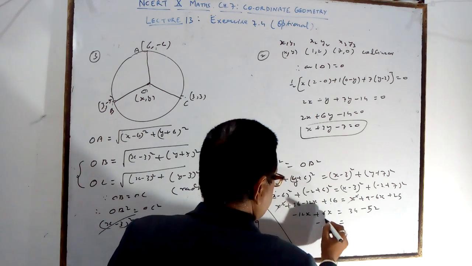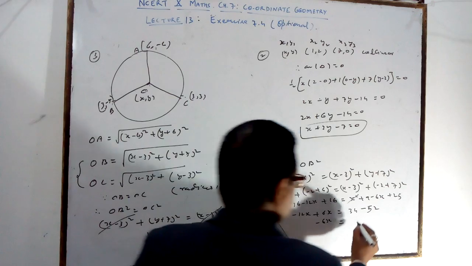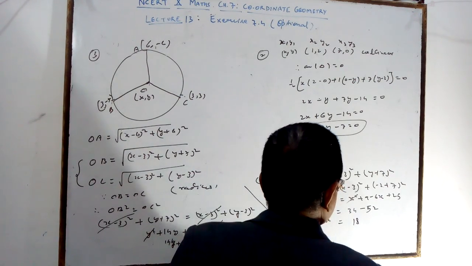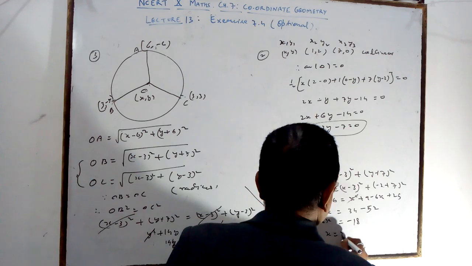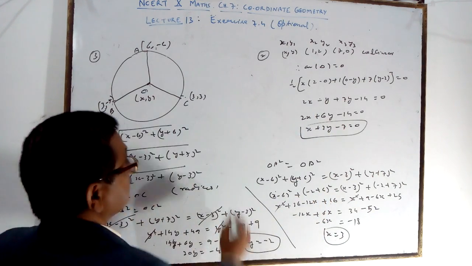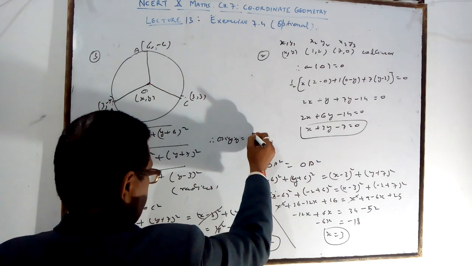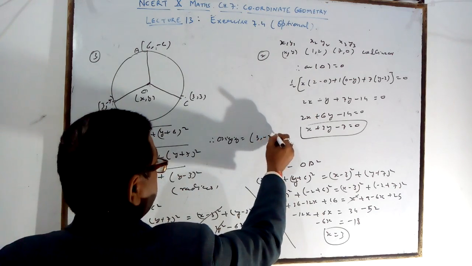So you are getting minus 6x is equal to minus 18, then x is equal to 3. Therefore, the origin is equal to 3 comma minus 2.